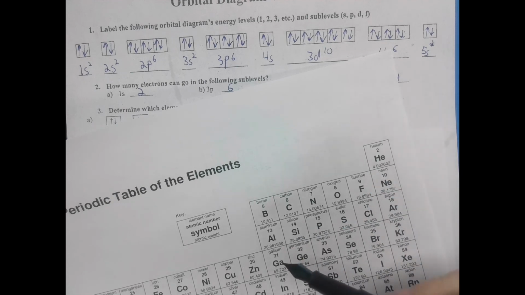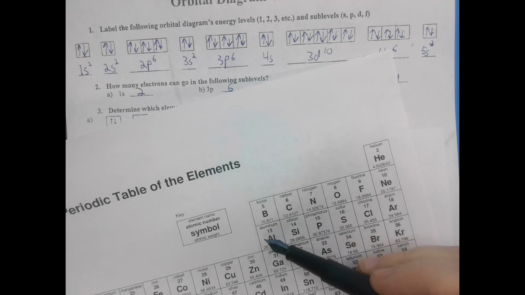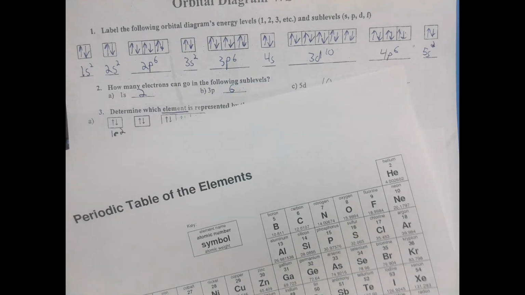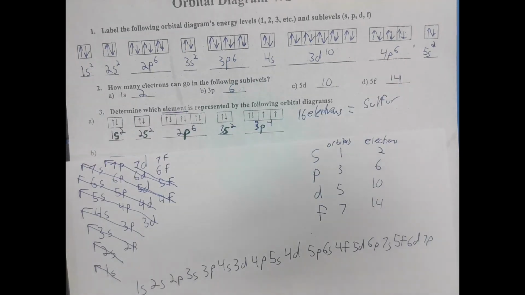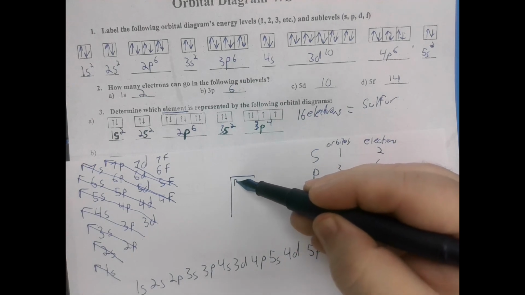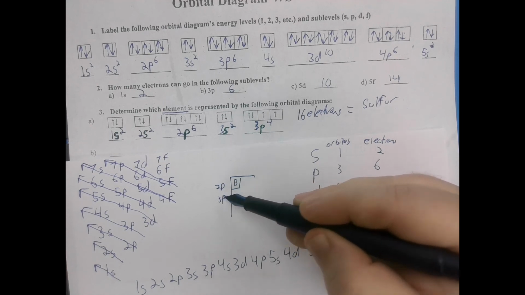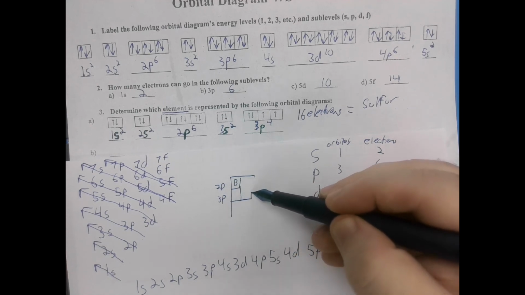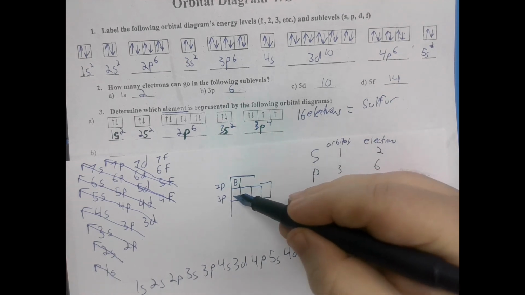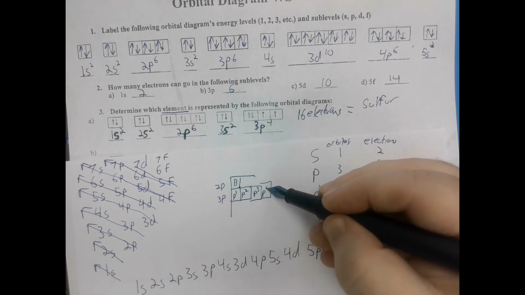So in the p blocks, we do third row, which starts with the second row here, third row here, and then the fourth spot is sulfur. So if I were to draw out our p blocks, the first one is boron, this corresponds to your 2p, your 3p, and this would be your P1, your P2, your P3, and your P4.